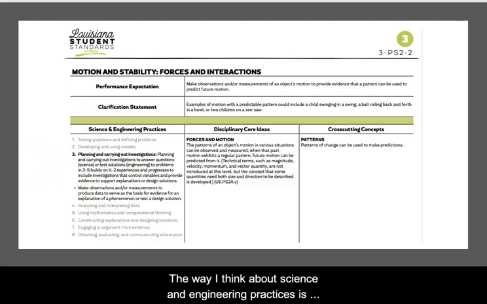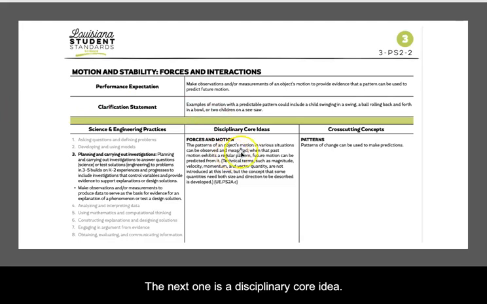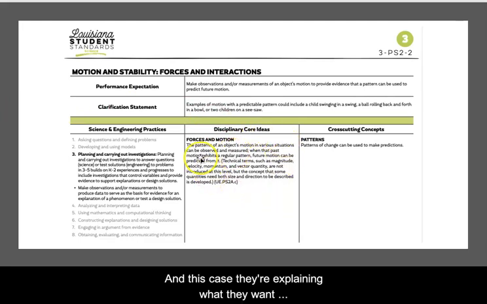The way I think about science and engineering practices is this is what I want my students to be able to do. The next one is a disciplinary core idea. In this case, they're explaining what they want your students to be able to know. So think of science and engineering practices as doing, and disciplinary core ideas is what we want our students to be able to know by the end of this unit.